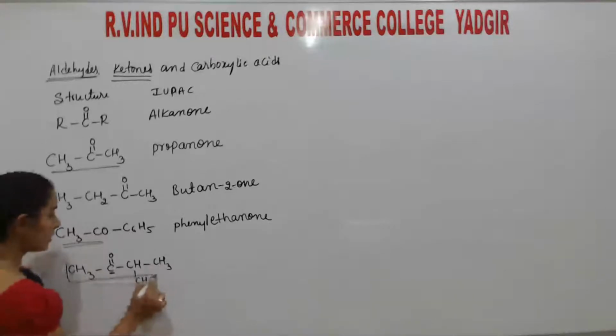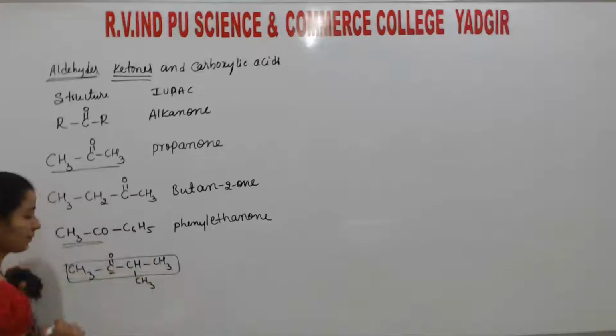So if we consider this one as the parent chain, from left to right and right to left you number.